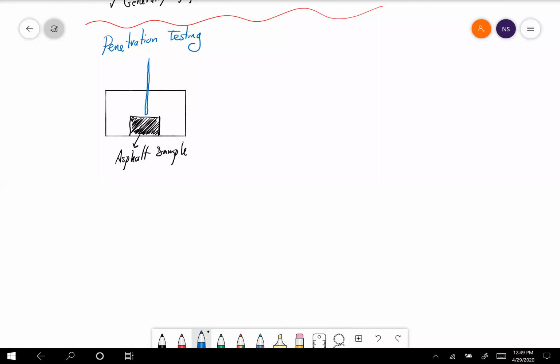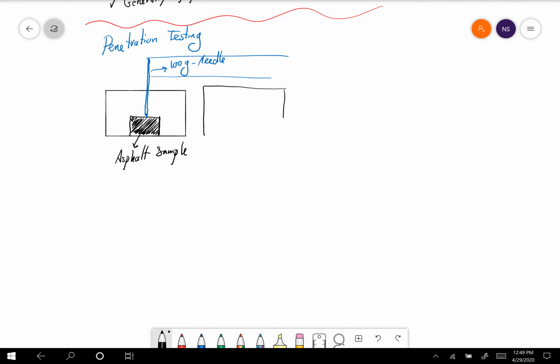This is a 100-gram needle. You drop it and then you measure the amount it penetrates after 5 seconds.